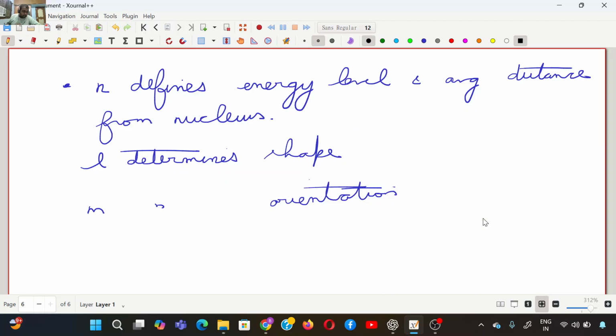I already defined what EMR, or electromagnetic radiation, is. I also told you what photons are. Basically, a photon is the particle of electromagnetic radiation.